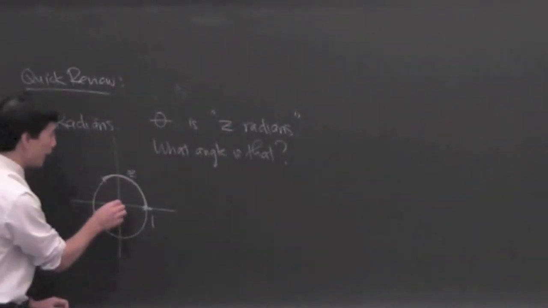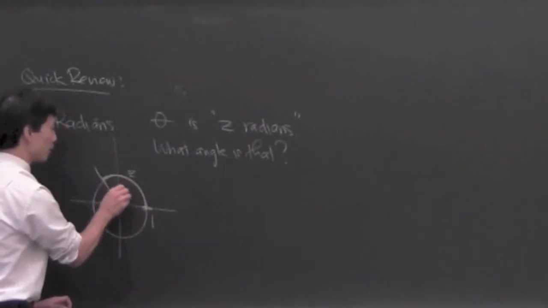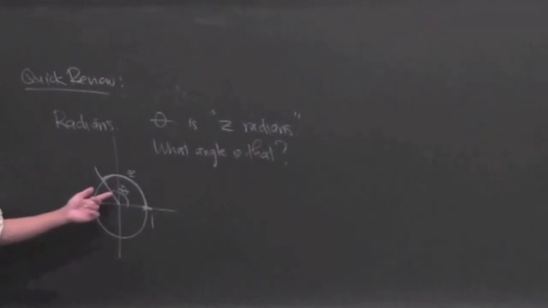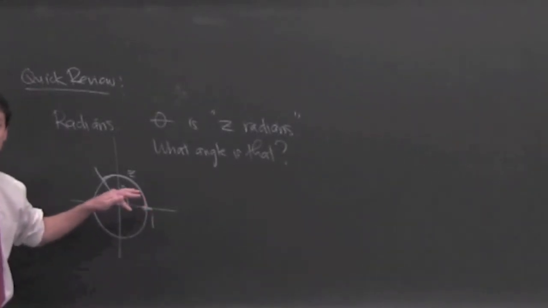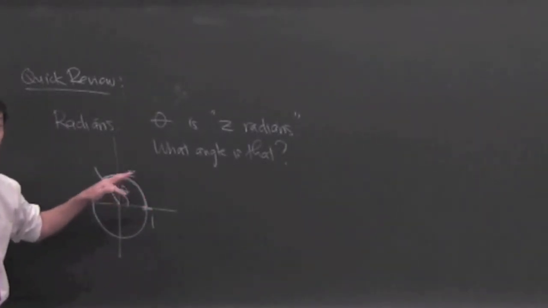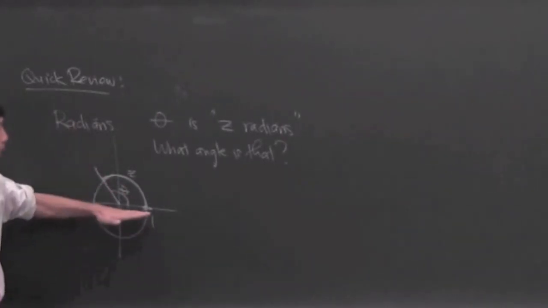And then the angle, which is z radians, is this angle here. This is basically how you define the radians. Everyone see that? This is sort of a quick jump in, but we gotta jump in.